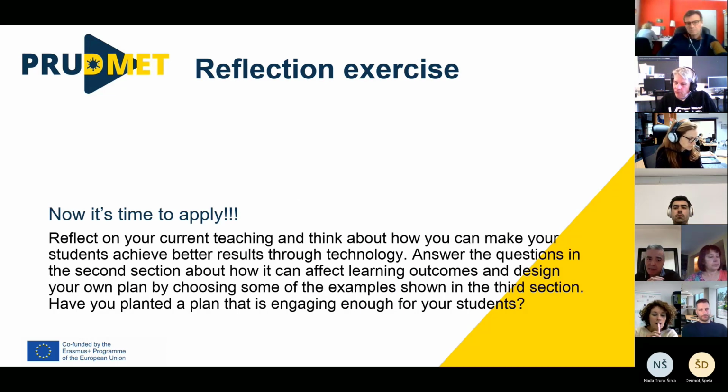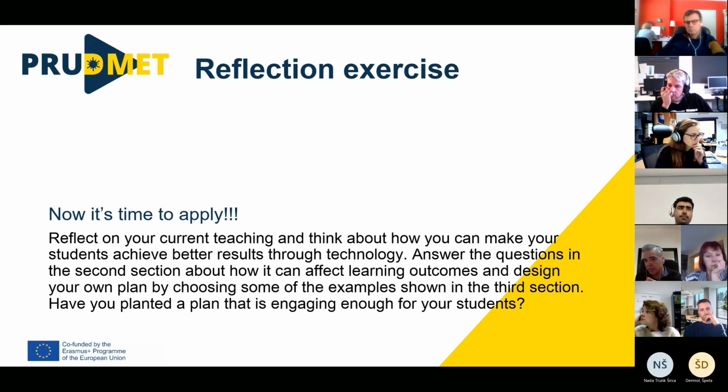For example, the main activity in this case can be to reflect about the use of technology that they are doing at this moment, try to design the learning outcomes, analyzing the different questions we propose in the first point, and then try to decide using the process that we propose in the point 3, how they can improve the learning objectives introducing technology.